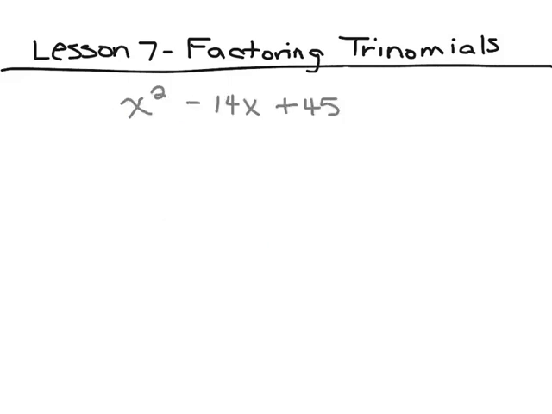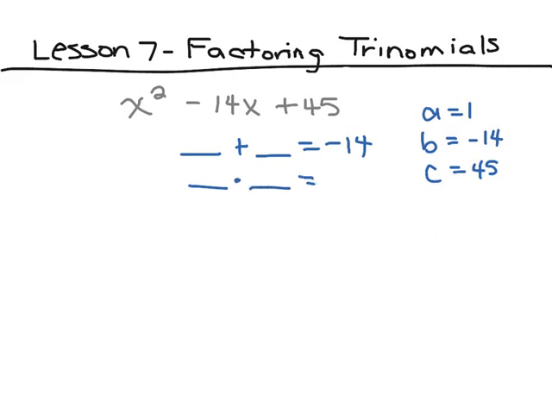For the next example, our a is 1, b is negative 14, and c is 45. We want two numbers that add up to negative 14 and multiply to get positive 45. We have 1 times 45, 3 times 15, and 5 times 9.